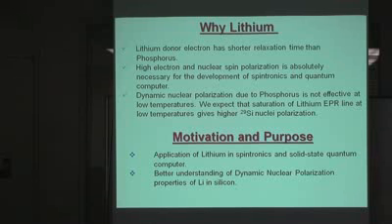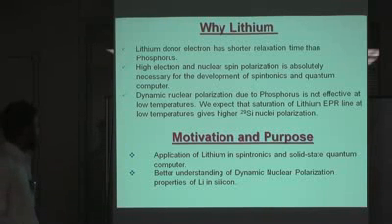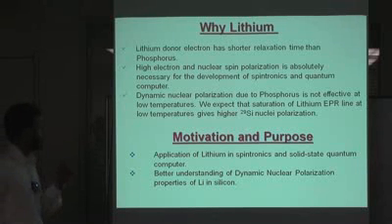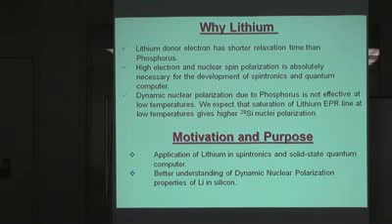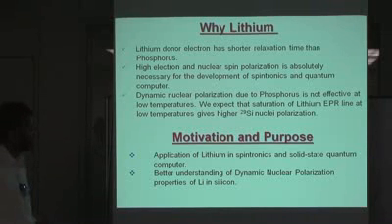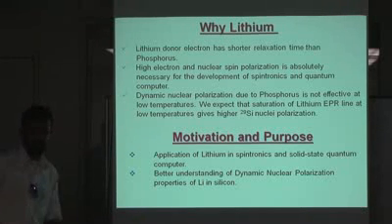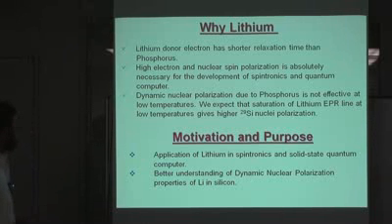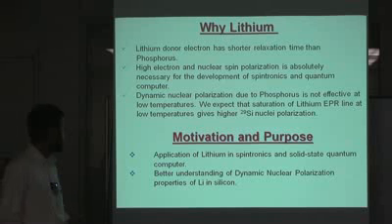Why lithium? Lithium donor electron has a shorter electron spin relaxation time than phosphorus. High electron and nuclear spin polarization is absolutely necessary for the development of spintronics and quantum computers. Dynamic nuclear polarization due to phosphorus is not effective at low temperature.